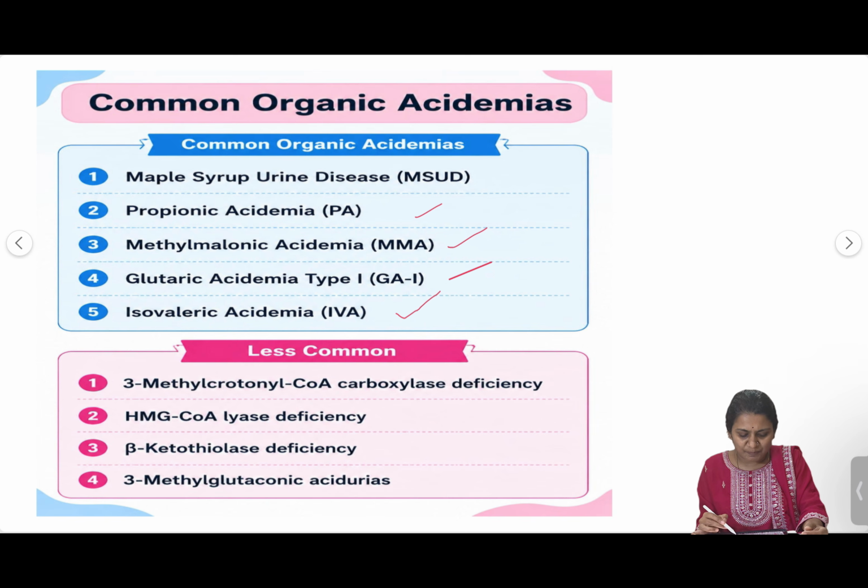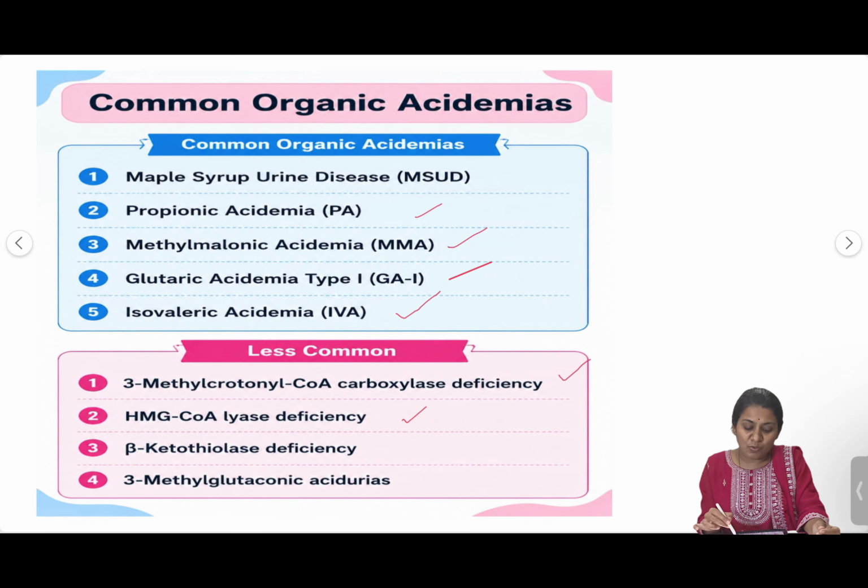Less common are 3-methylcrotonyl-CoA carboxylase deficiency, HMG-CoA lyase deficiency, beta-ketothiolase deficiency and 3-methylglutaconic aciduria.